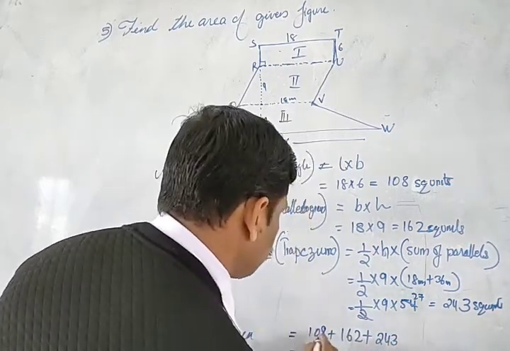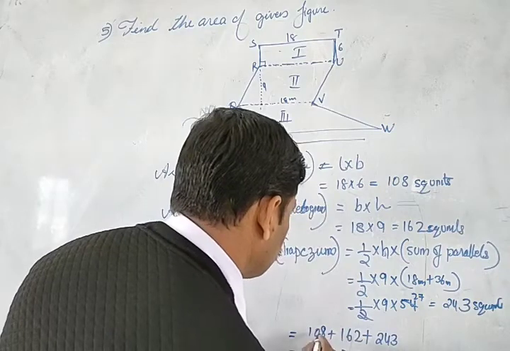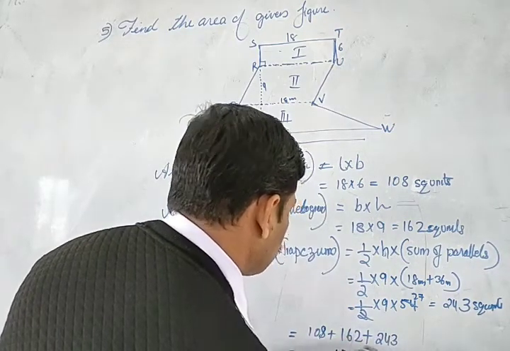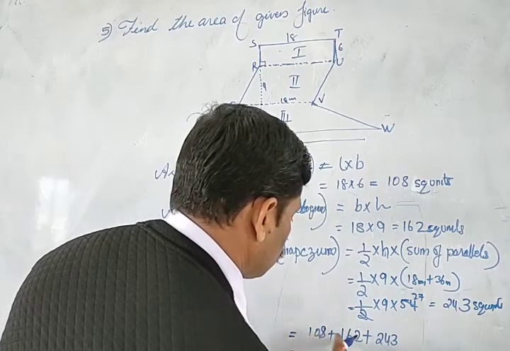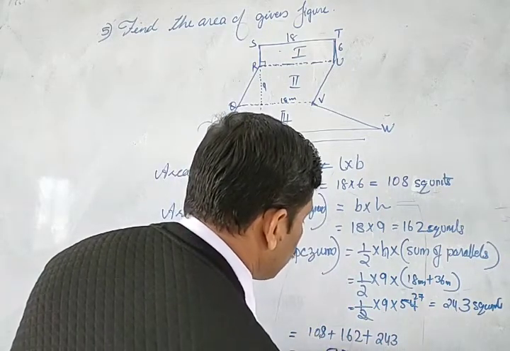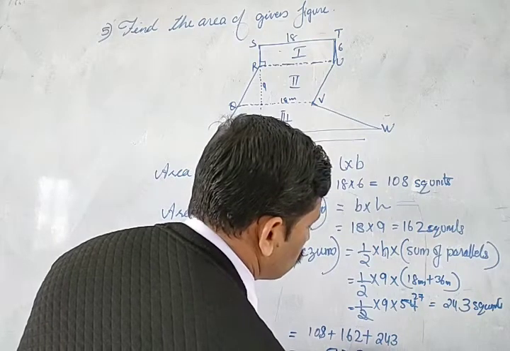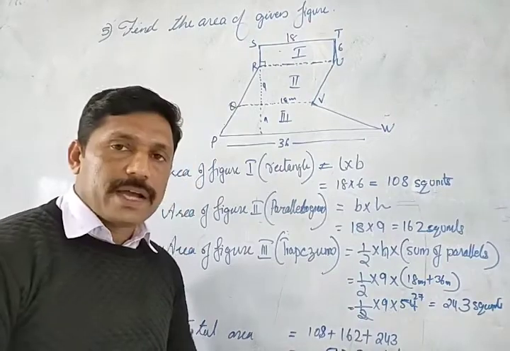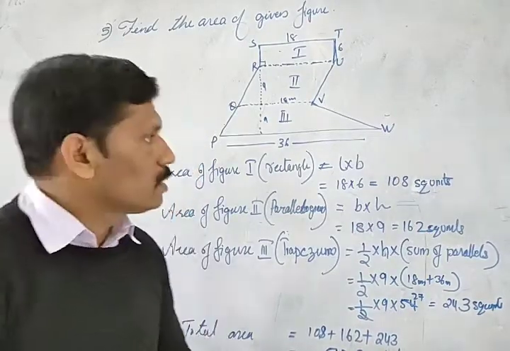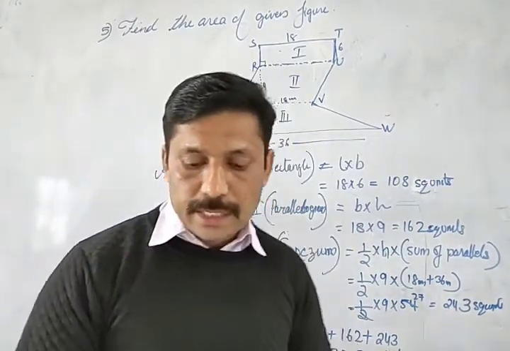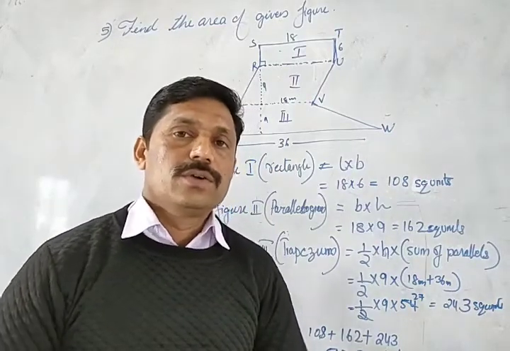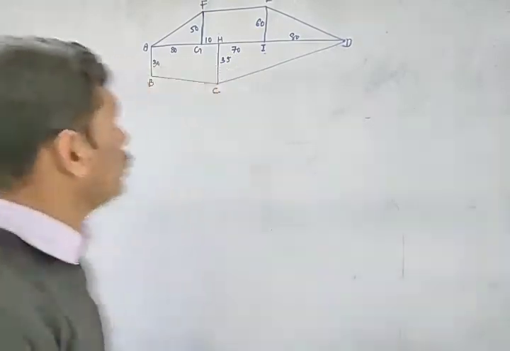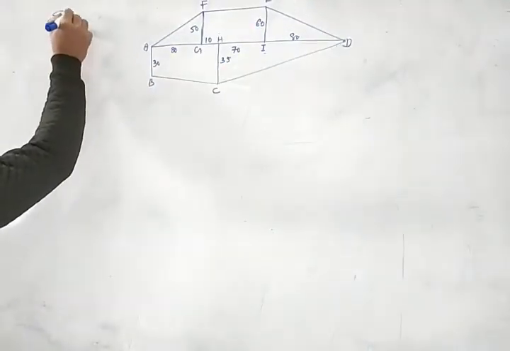That is equal to 513 square units. So the area of this composite figure is 513 square units. So students, this exercise 14.3 is finished now. We move to the next, 14.4, first question. This is exercise 14.4.